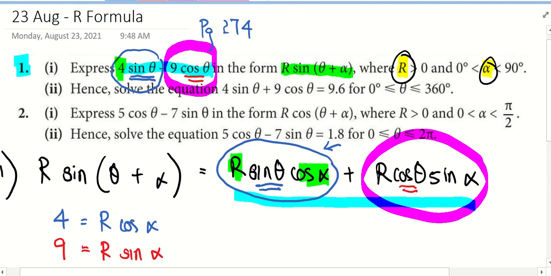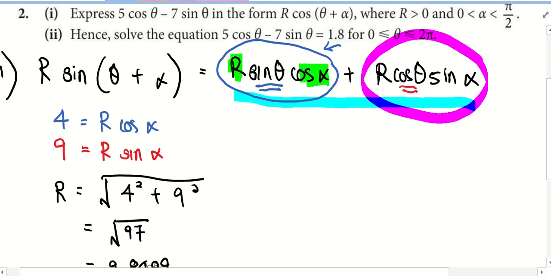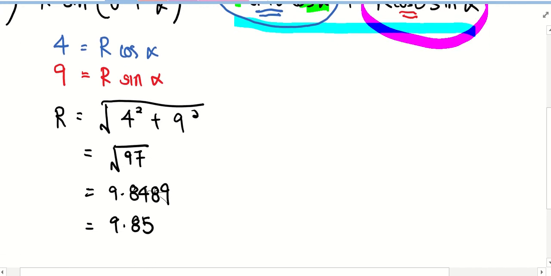My next job is to find alpha. Let me show you another thing. Can you recall? What is tangent alpha? Sine alpha divided by? Confirm, you always use tangent. Why?